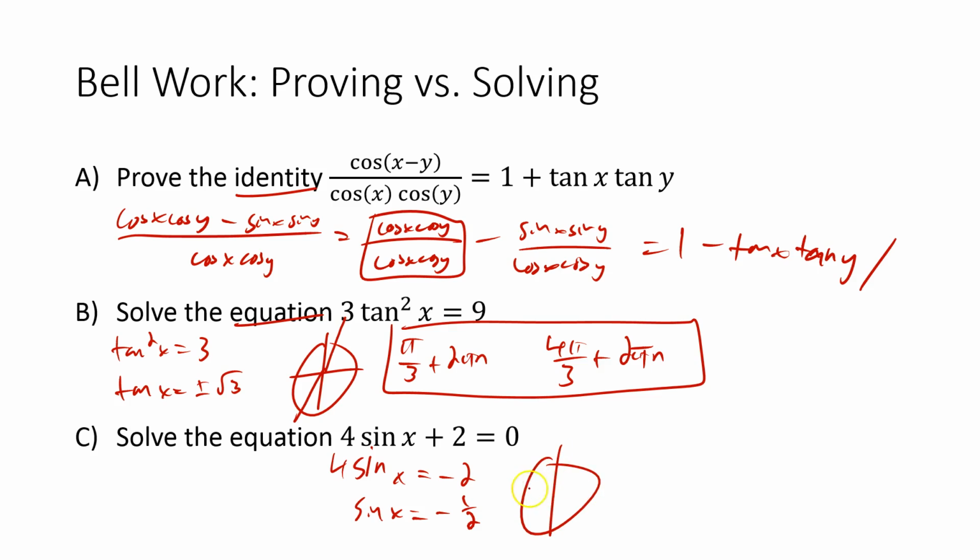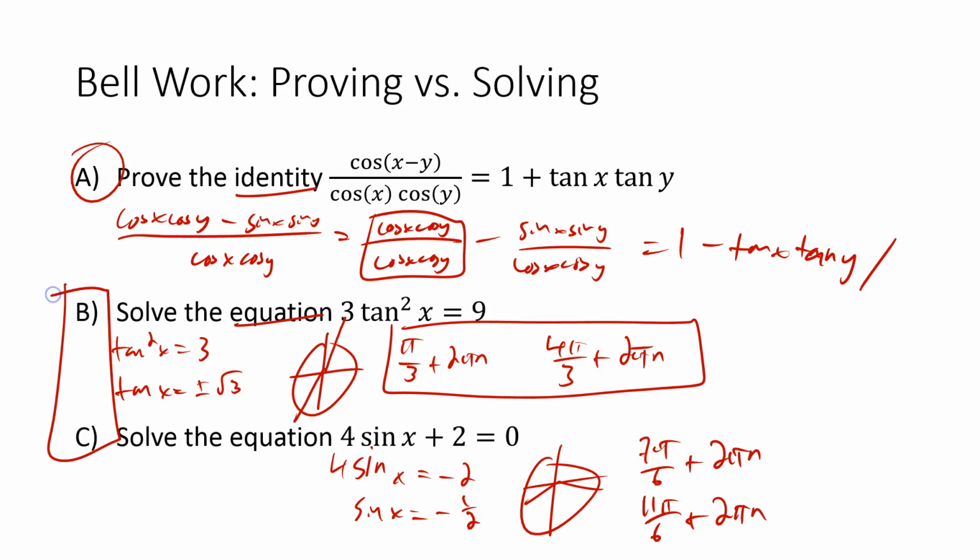Sine x is negative 1/2 here and here. That is at 7 pi over 6 plus 2 pi n, and 11 pi over 6 plus 2 pi n. So if you have any trouble with these, you're going to want to look at some previous screencasts: the trig proofs ones for the identities, and then yesterday's intro to trig equations for B and C.